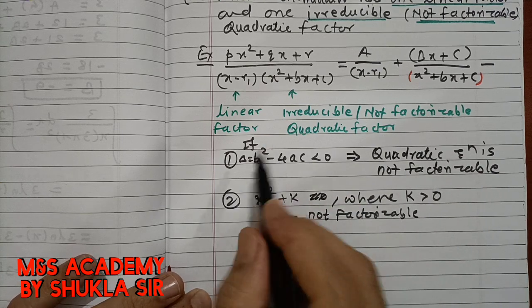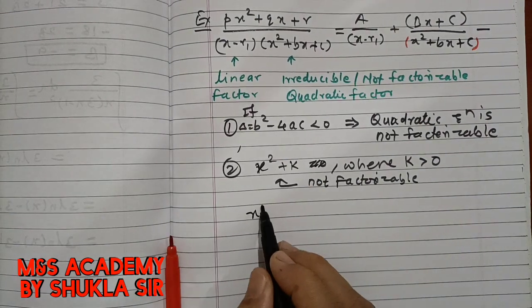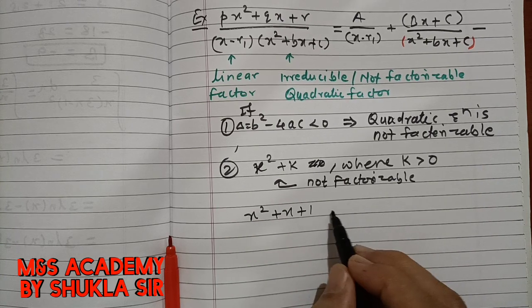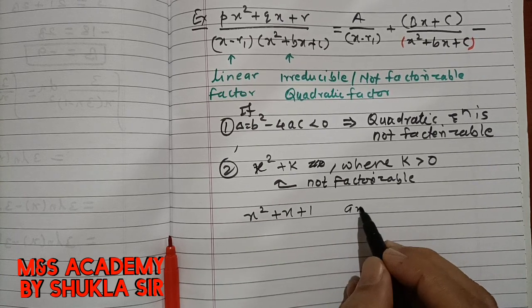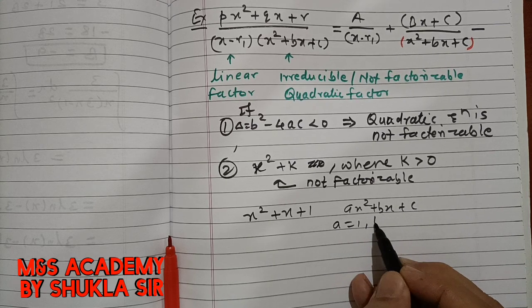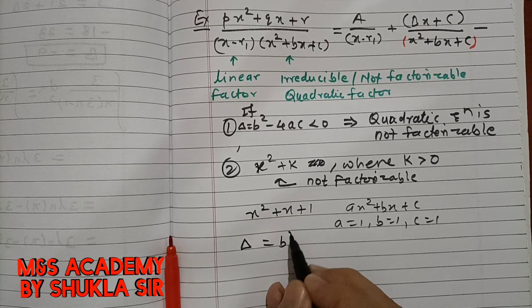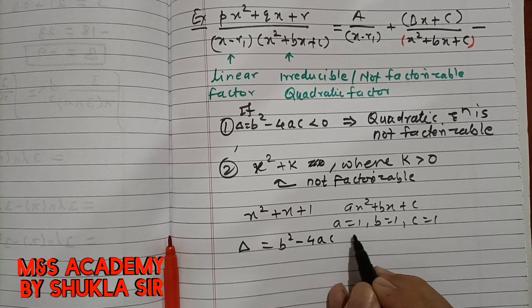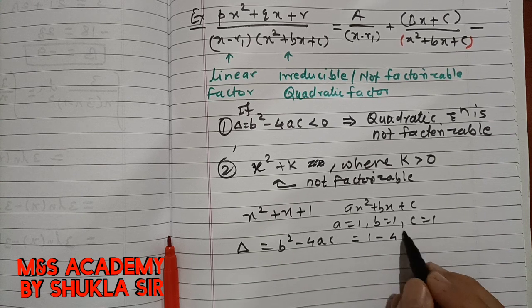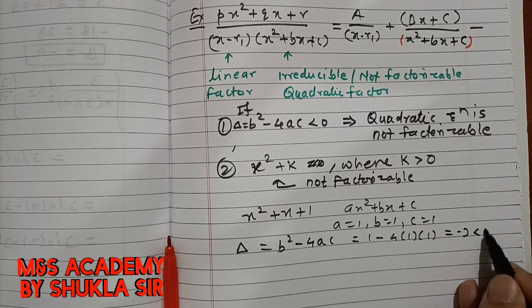So these two. Here you can consider the example x square plus x plus 1. If we compare with a x square plus bx plus c, a is equal to 1, b is equal to 1, c is equal to 1. Find out delta, which is b square minus 4ac, which is 1 minus 4 times 1 times 1, equal to minus 3, less than 0.